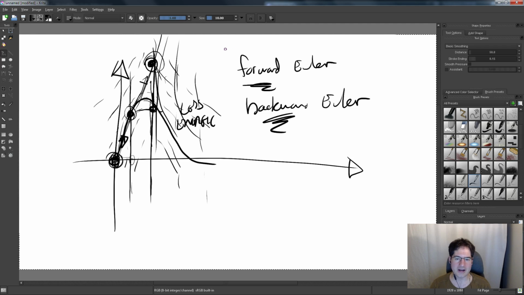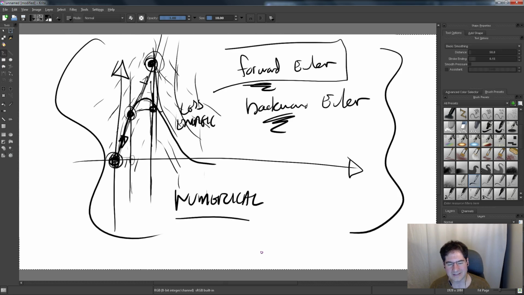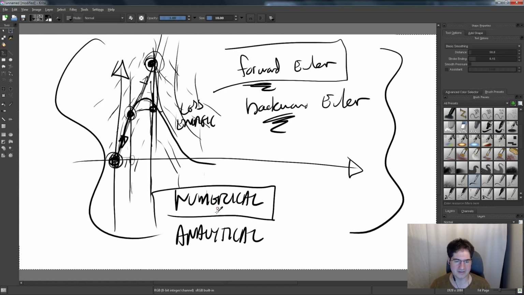So I don't really want you to think about what we're doing as forward Euler, because all this stuff is way outside the scope of what we're doing. This is numerical integration, and we're not really doing numerical integration. We're basically doing analytical integration. We're just doing piecewise analytical, which I realize sounds like hand waving, because why isn't that numerical?